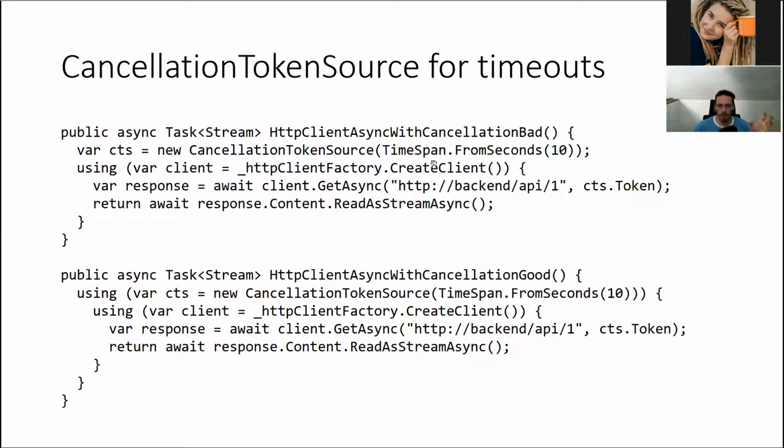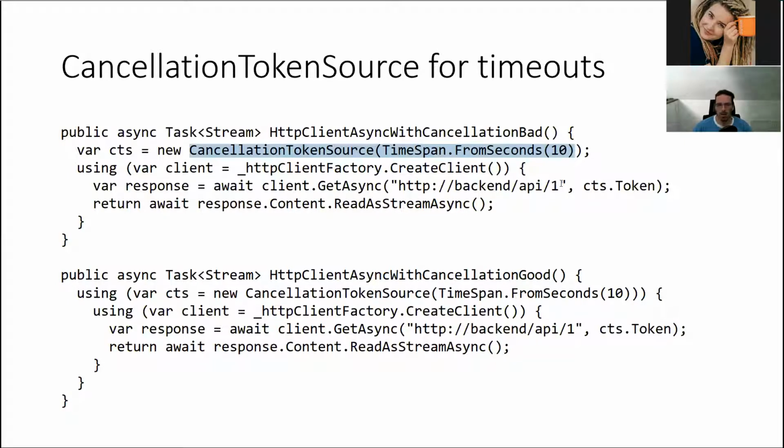Sorry for this code, it's a little bit compressed so I can put it into one slide. What this is doing is calling GetAsync on HttpClient and passing the cancellation token. The cancellation token is created here, and it says cancel the operation after 10 seconds.